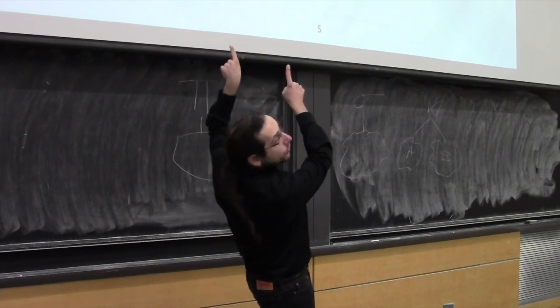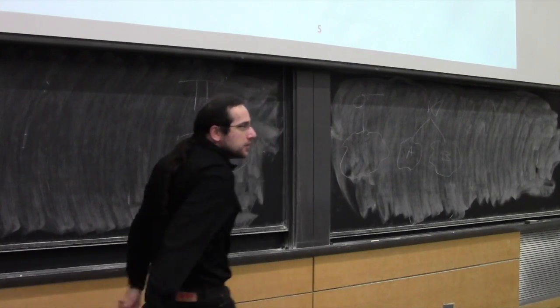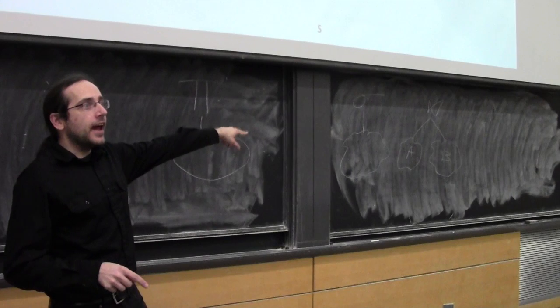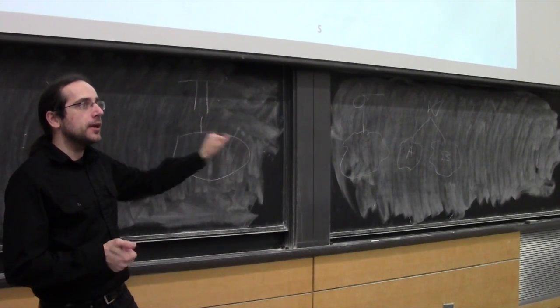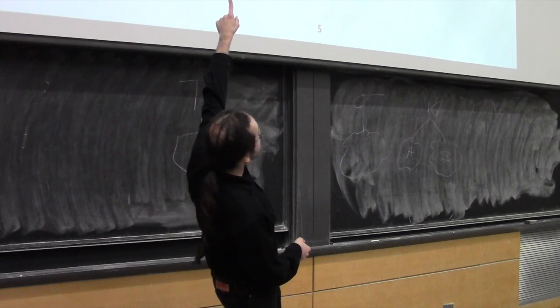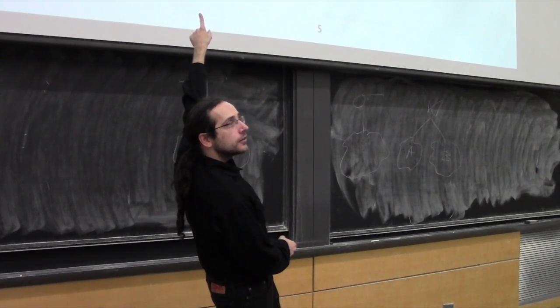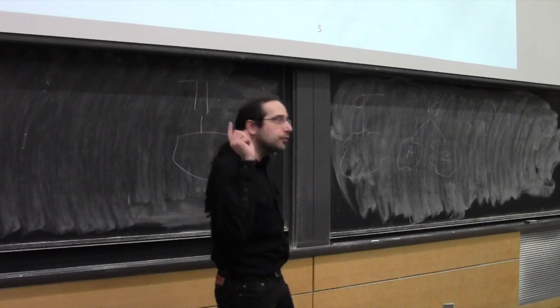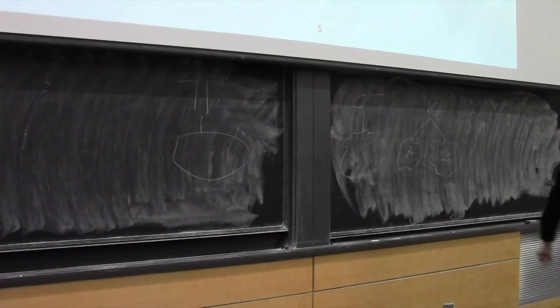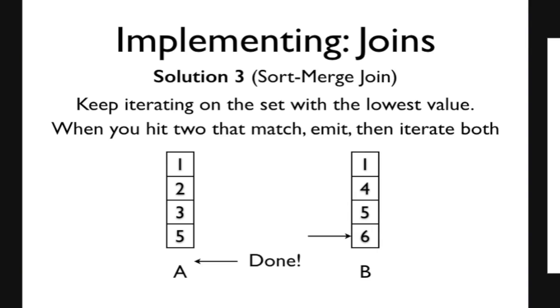One of the really cool things about this particular join algorithm is that it doesn't actually have that property, assuming that my input is already sorted. How many times am I going to need to see one? Exactly once. I can just iterate over the inputs, and I only need to visit every input exactly once.